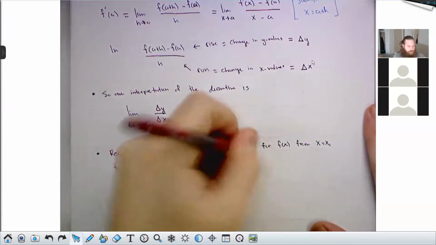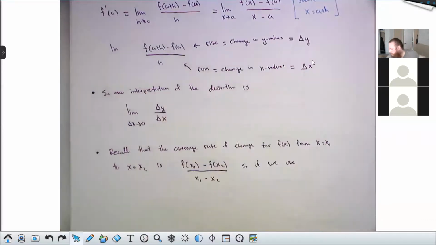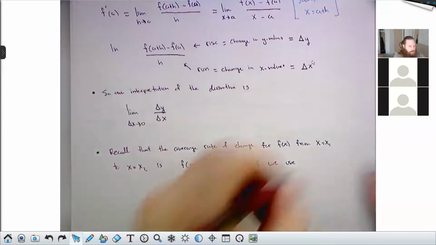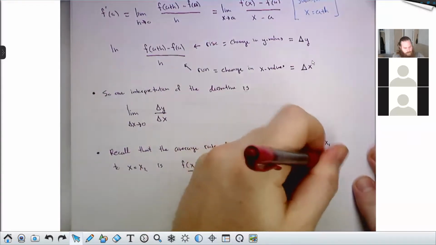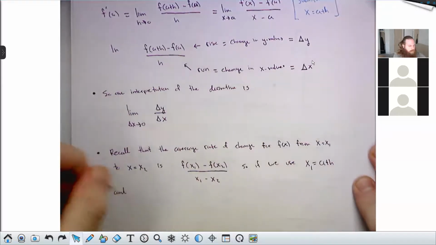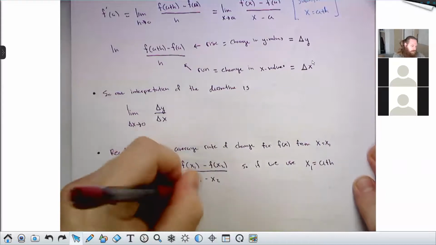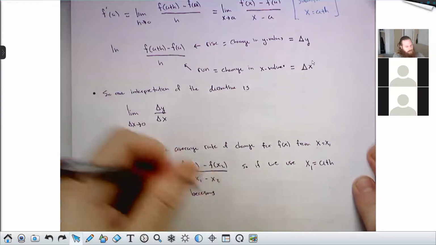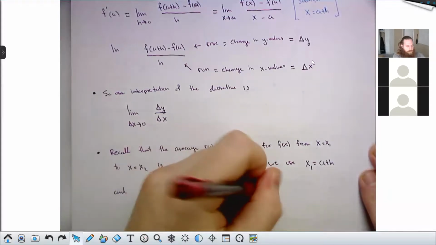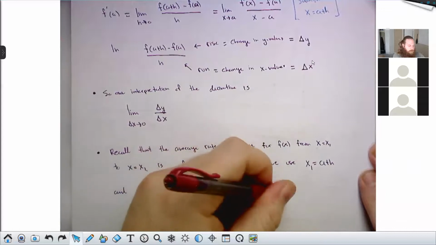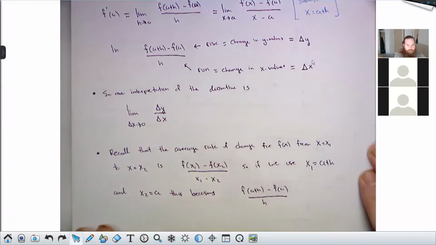So if we use x1 equals a plus h and x2 equals a, this becomes f of a plus h minus f of a all over a plus h minus a, which is h.